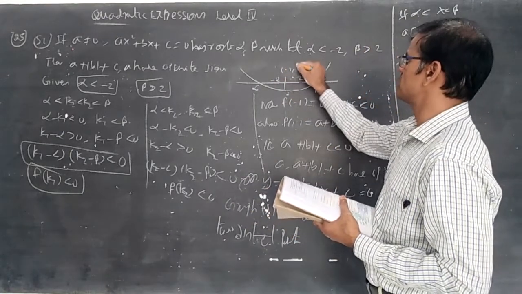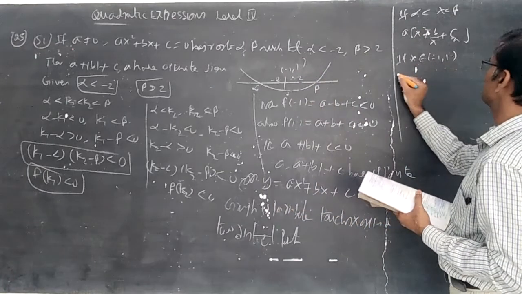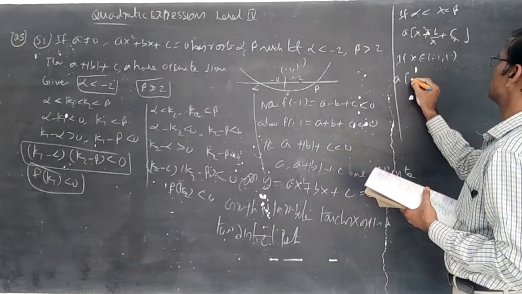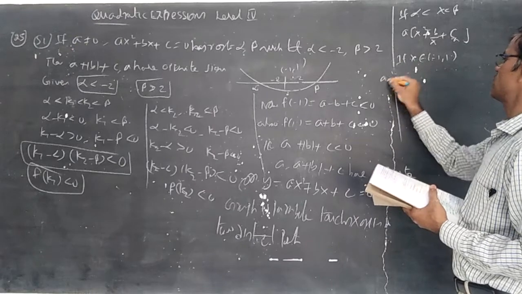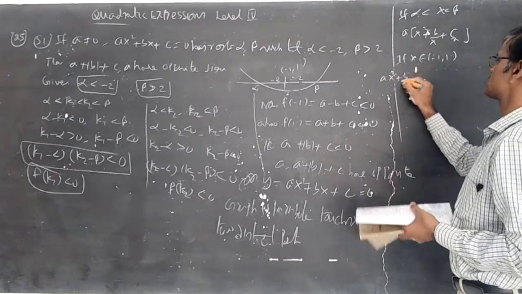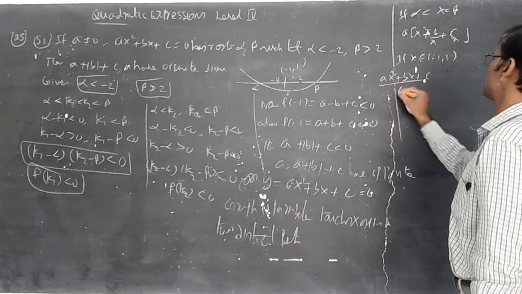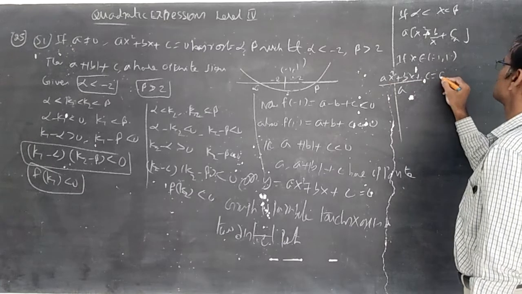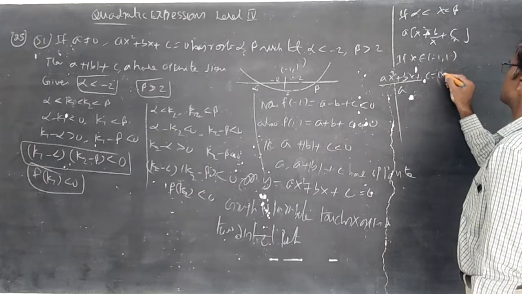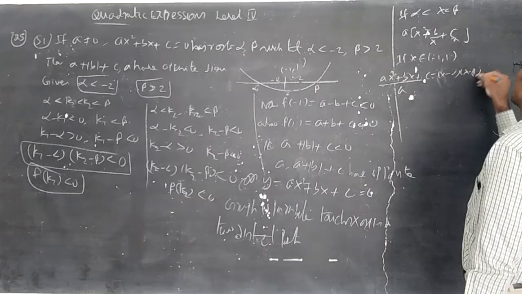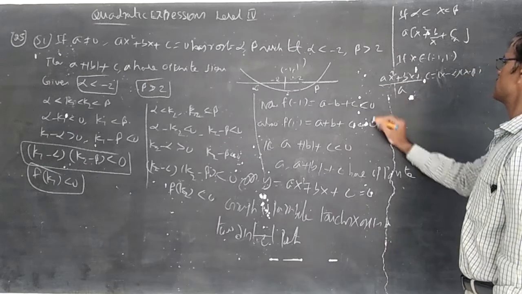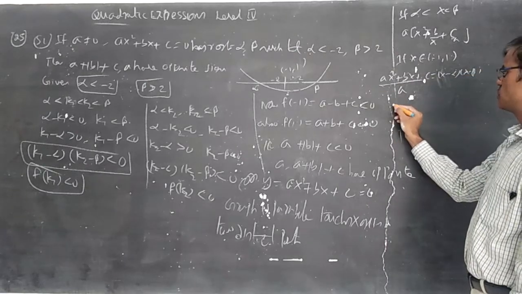Between minus 2 and 2, we take minus 1 comma 1. Substitute here a. Now you can understand here ax square plus bx plus c by a is equal to this one, x minus alpha into x minus beta concept. Then this is less than 0.